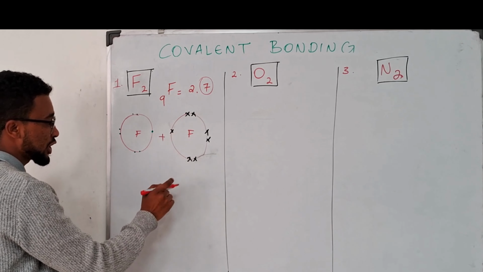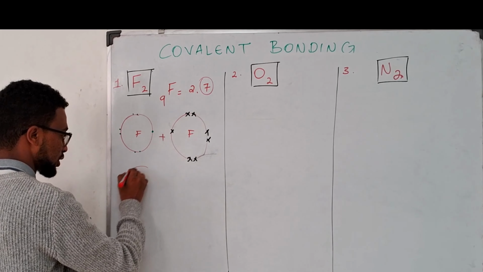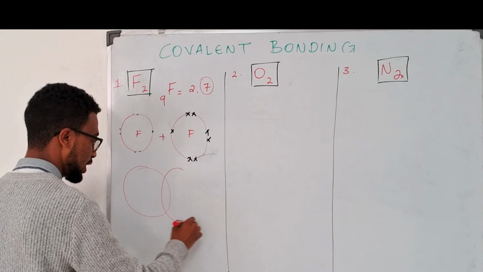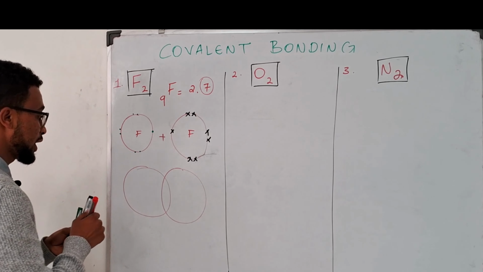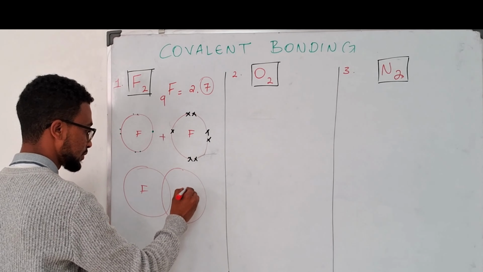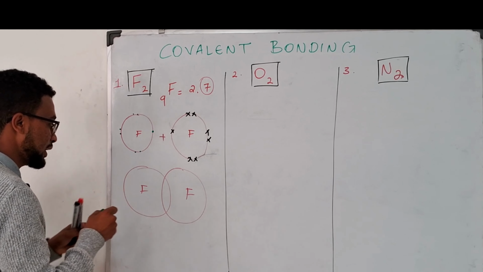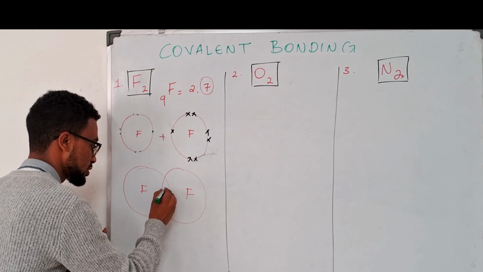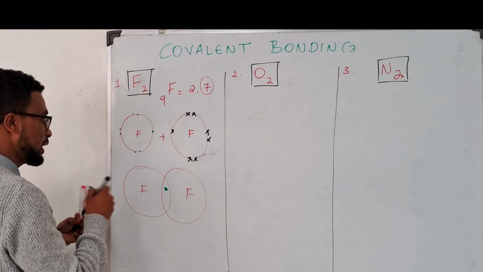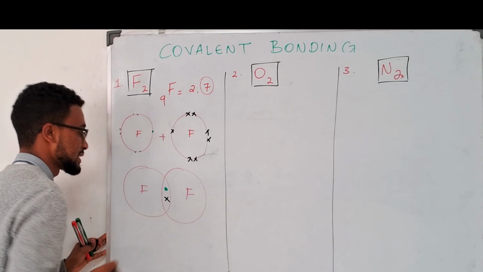So these 2 will share electrons and their outermost shells will overlap, to make it like this. In this overlapped region or area, we're going to have 2 electrons, 1 electron from the first fluorine and the other electron from the second fluorine.